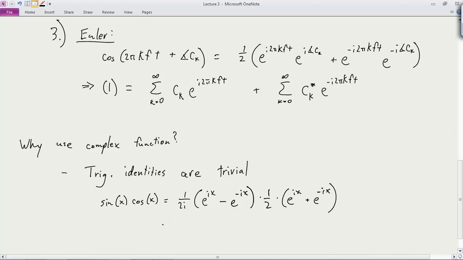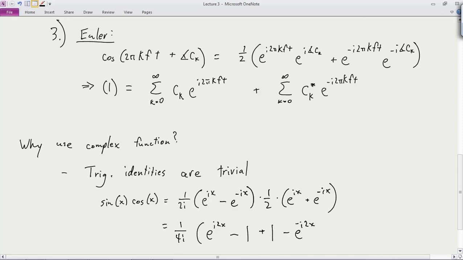What we can do is multiply that out. Let's take our 1 over 4i out front, and we get e^(i2x), minus 1, plus 1, minus e^(-i2x). You see that?